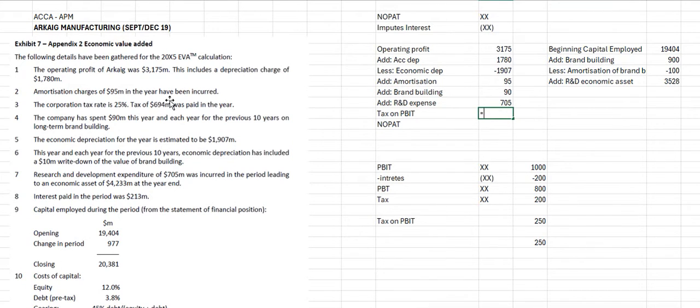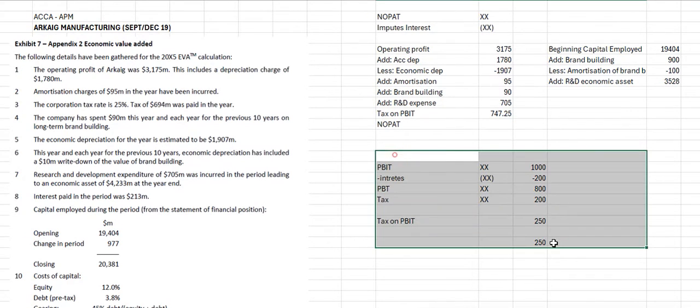Tax paid 694 plus interest 213 multiplied by tax rate 25%. So I'm adding back the tax saving on interest, because what we need here is tax on PBIT, not the net tax. Done. Let me erase this. This is just an example.